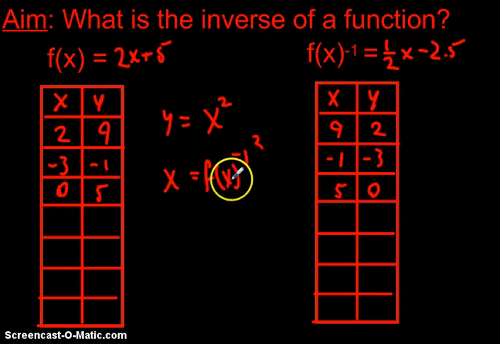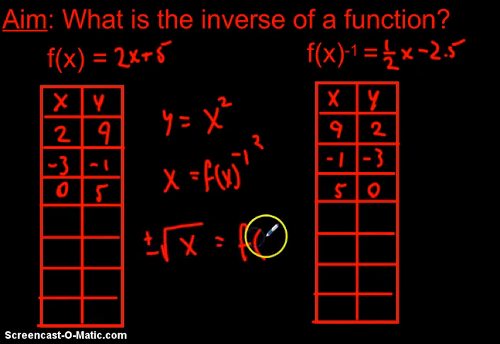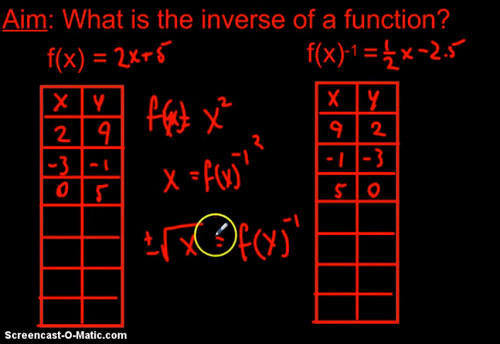So to get f of x inverse by itself, we take the square root of both sides, and we get plus and minus the square root of x is equal to f inverse. This is not a function, so that means that this function was not invertible. So some functions are not invertible.